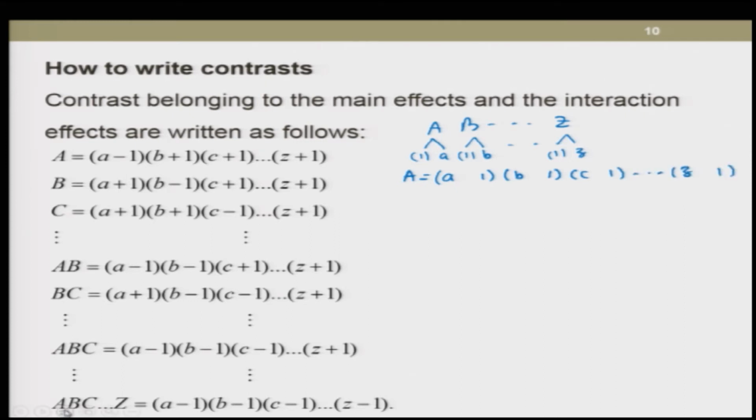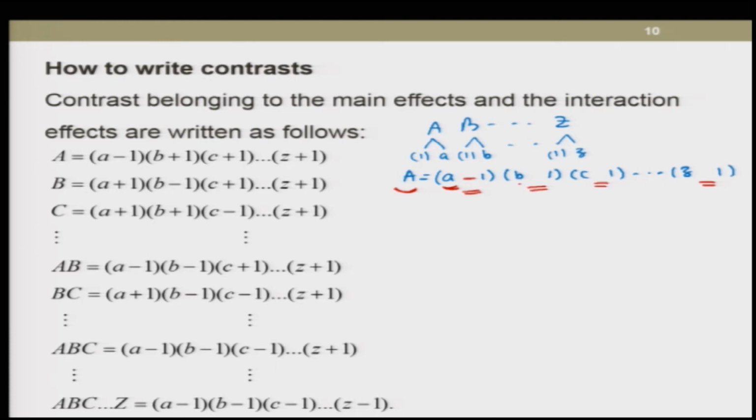Now, in the next step I have to choose whether the sign should be plus or minus. The rule is very simple. On the left hand side of this equality sign there is A, and on the right hand side there is also A. So, in this case A is going to have a negative sign.